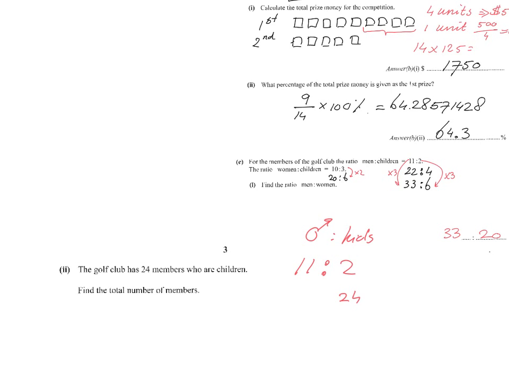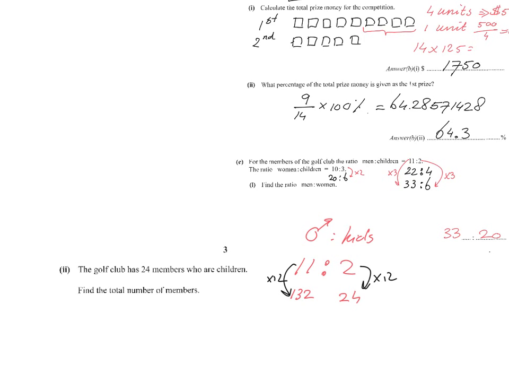Sorry guys, I do apologize. 11 to 2, there are 24 kids. So the 2 represents 24. That is a factor 12. So that's multiplied by 12. So I can multiply the 11 by 12 to find the amount of men. So that's 132. So 132 men.